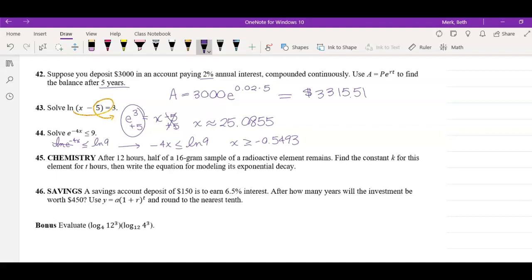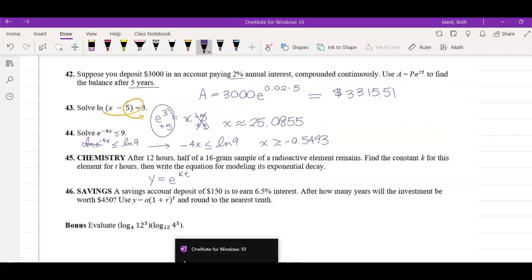Here we're talking about a radioactive element. We know that the formula is y equals e to the kt. And we know that we're talking about the half-life. So if we start with a 16-gram sample, it's going to end up equaling 8.